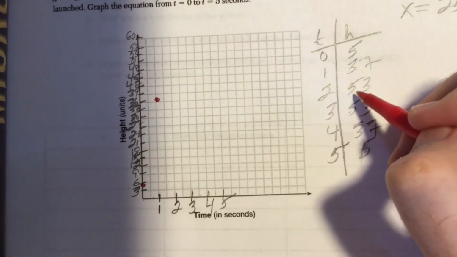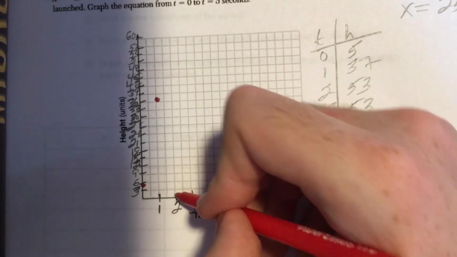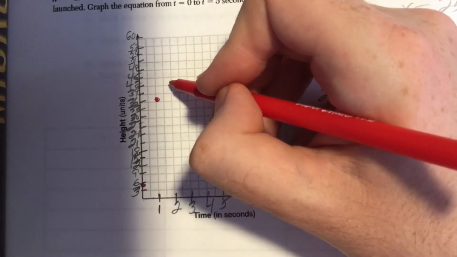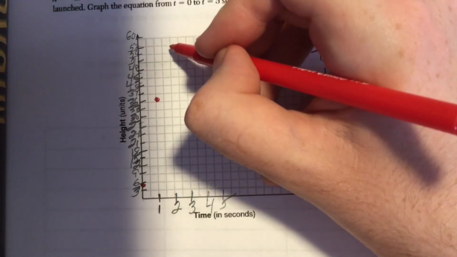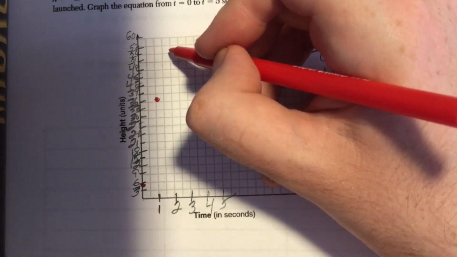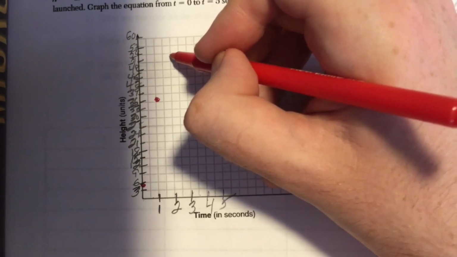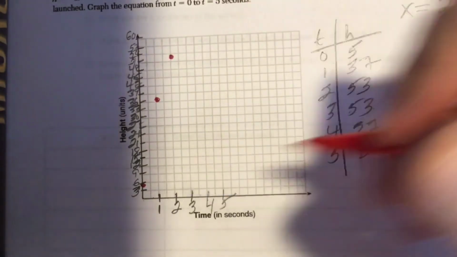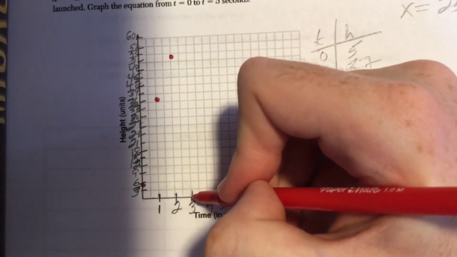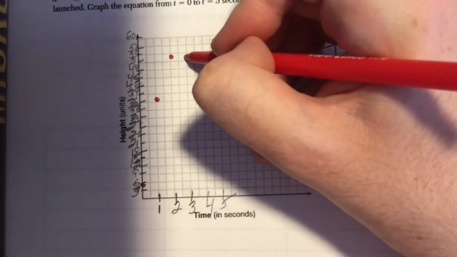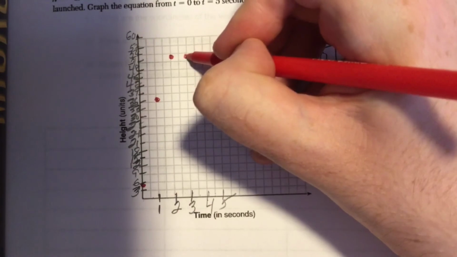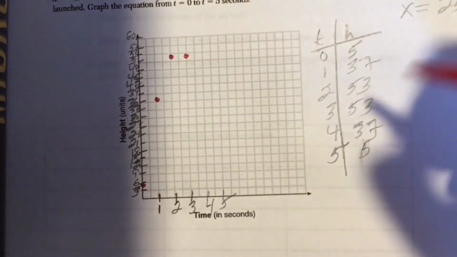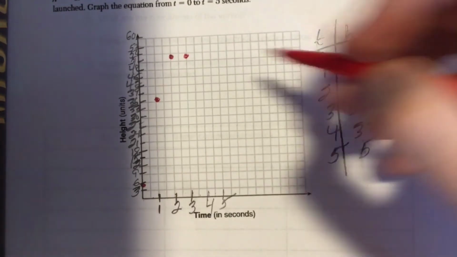2 seconds later, you're at 53 feet. Follow 2 seconds up to 50. A little beneath 54. 53 feet. 3 seconds later, you're at that same height. 4 seconds later, the ball starts changing directions and dropping, and that would be 4 seconds is 37 feet.